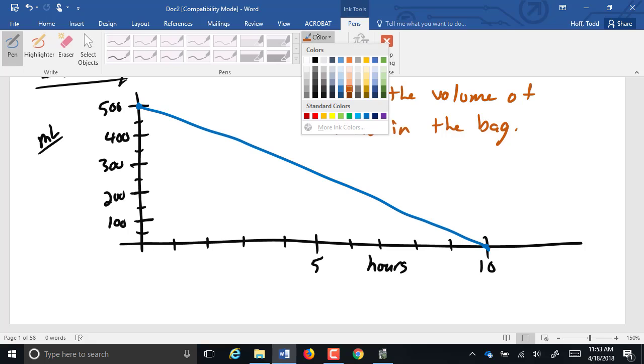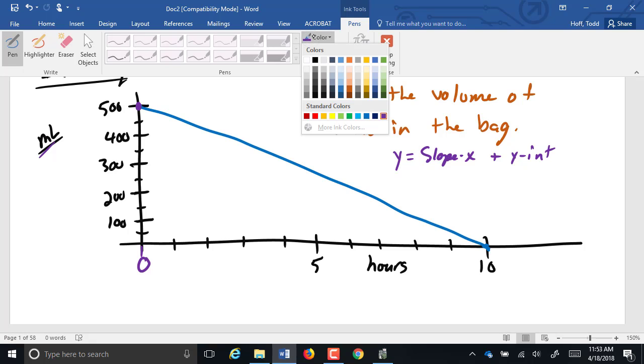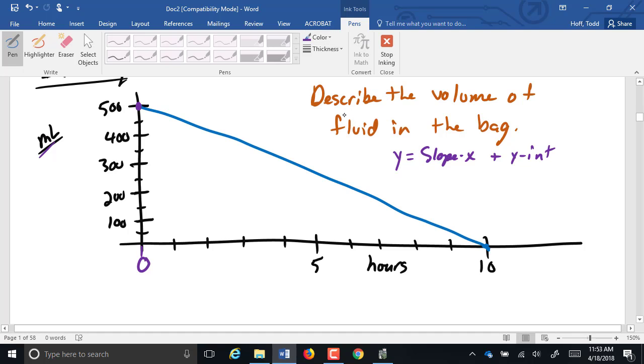So our X is going to be the hours, assuming this is the starting point. This is hours from the start. And Y is going to be that volume of fluid. Well, our Y-intercept here is 500. So Y equals slope times X plus or minus the Y-intercept. 500 milliliters is that Y-intercept.